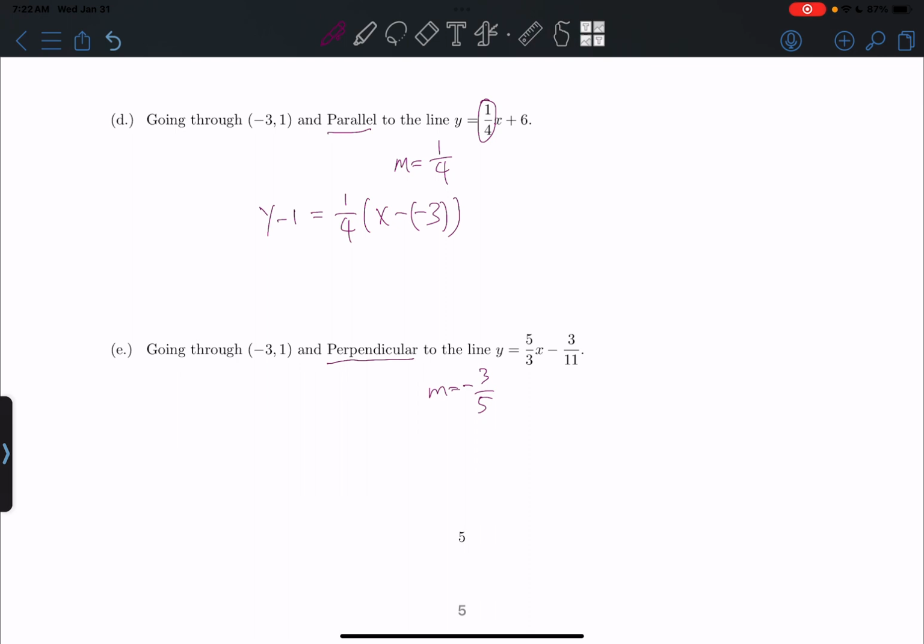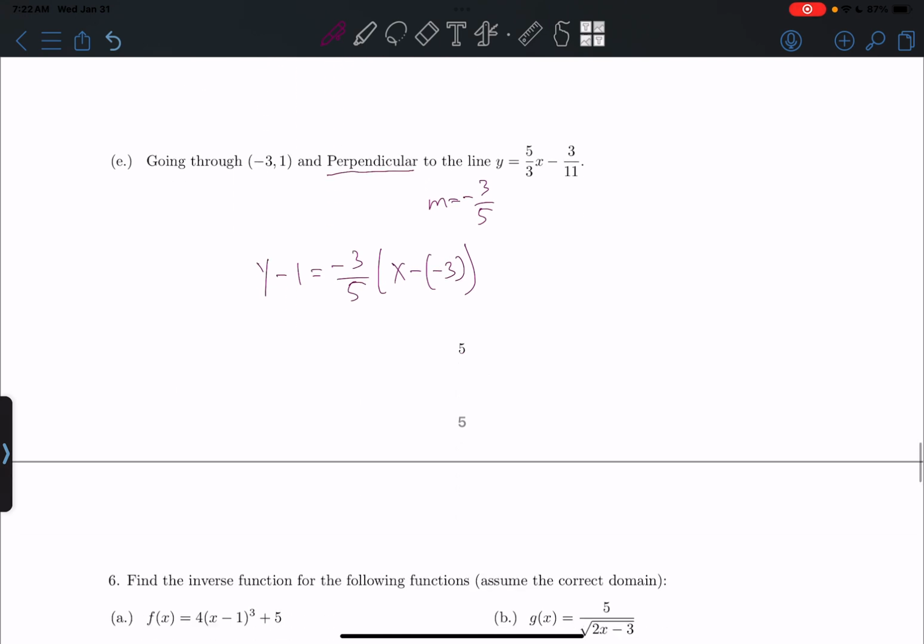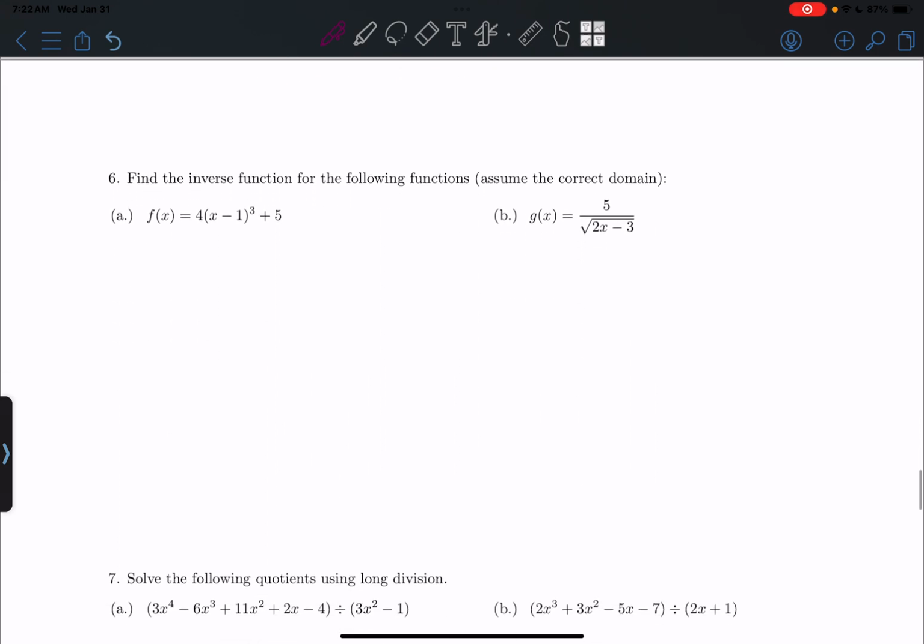And again, the point slope form, and you can simplify from here, or clean up from here. Moving on to the next problem then.